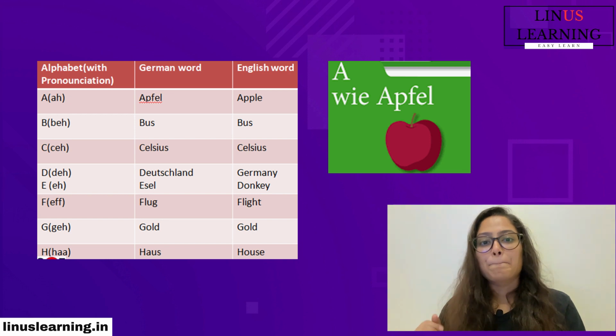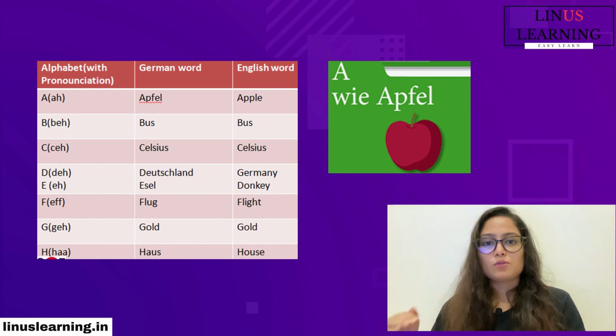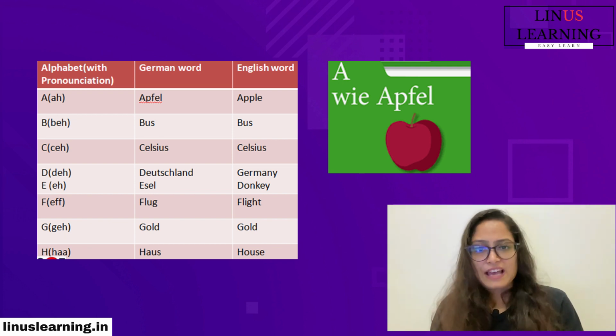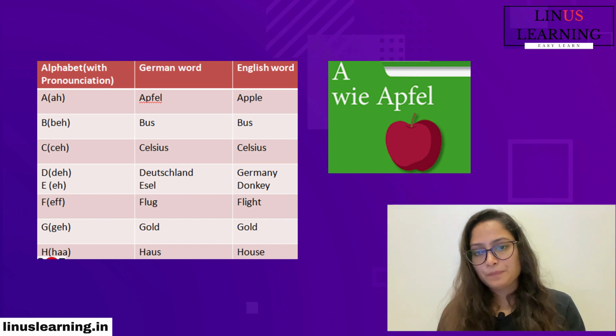A, B, C, D. Then E is called A in German, like A in English. Then F remains F, the pronunciation is the same. Then G is gay, like G-A-Y, gay, the persons who are gay, or gay also means very happy, right? So that pronunciation, gay.